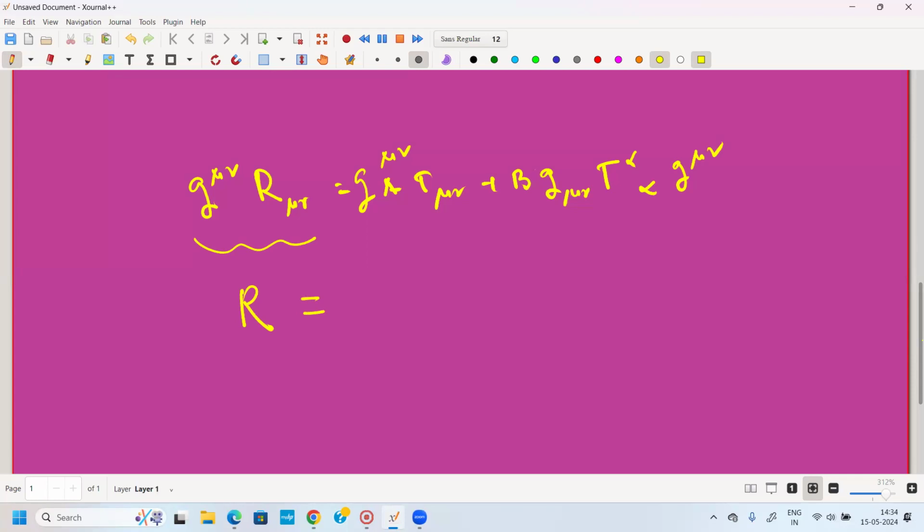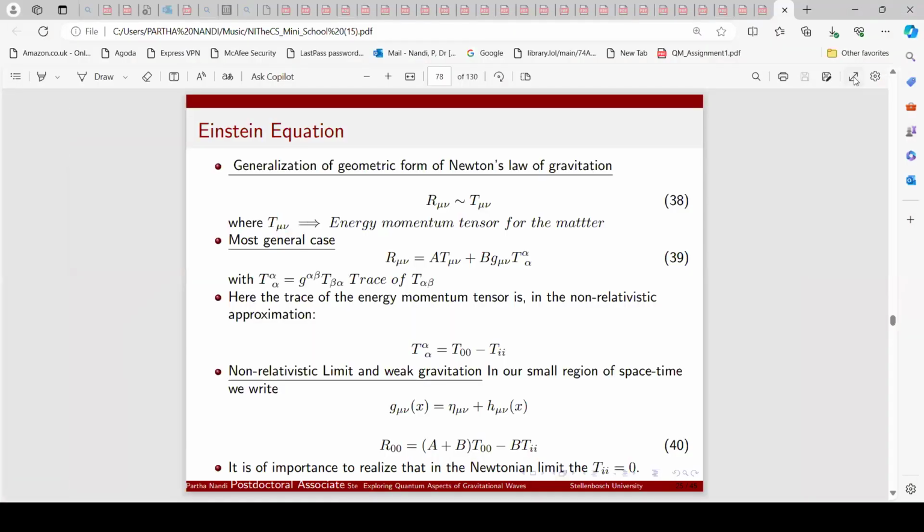And this again just gives rise to T mu mu. And you can immediately observe this part is just g mu nu contracted to get some number, and you will arrive at this following structure, which is already written in this expression.